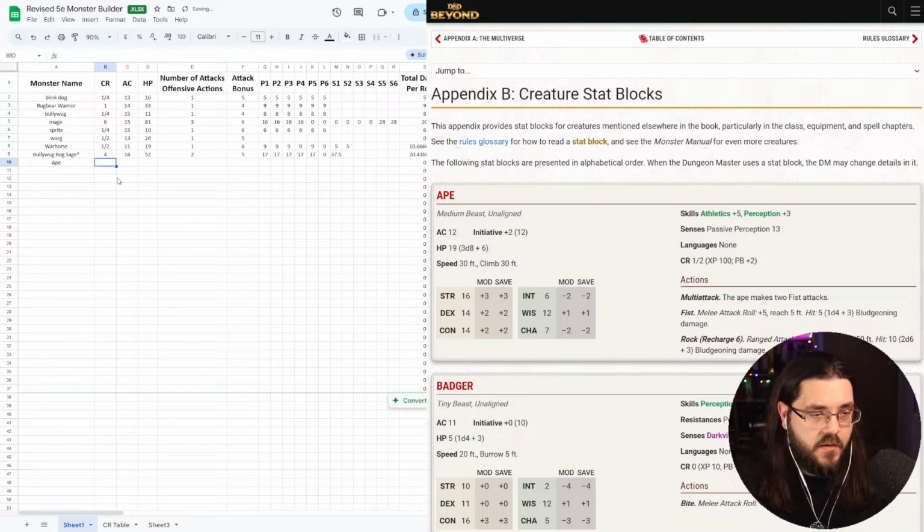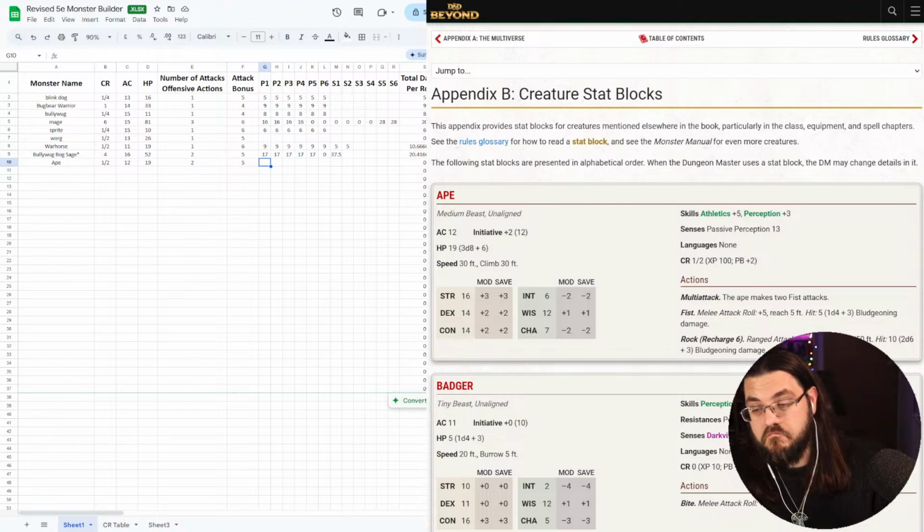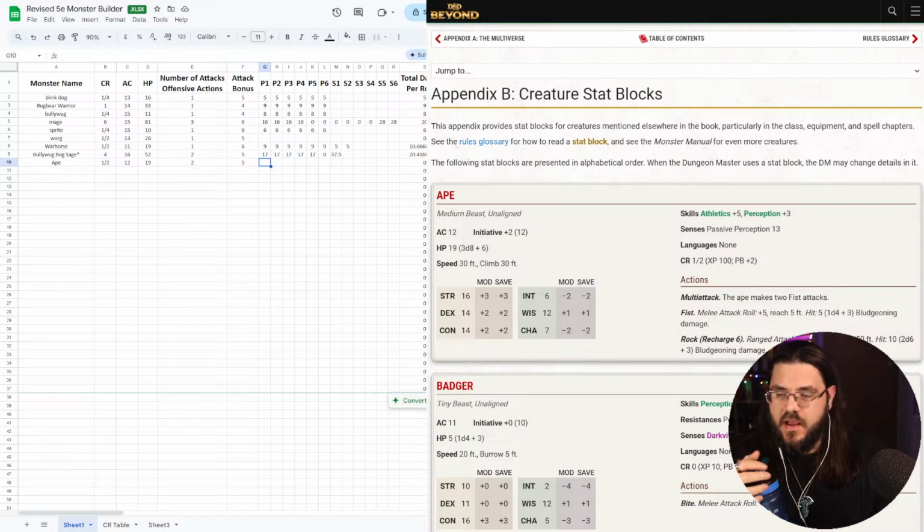So we're going to start here with Ape, which is a half CR, which is AC of 12, HP of 19, makes 2 attacks. Its attack bonus is 5, and then it is doing 5 damage, or it is doing 10 damage. That's strange.